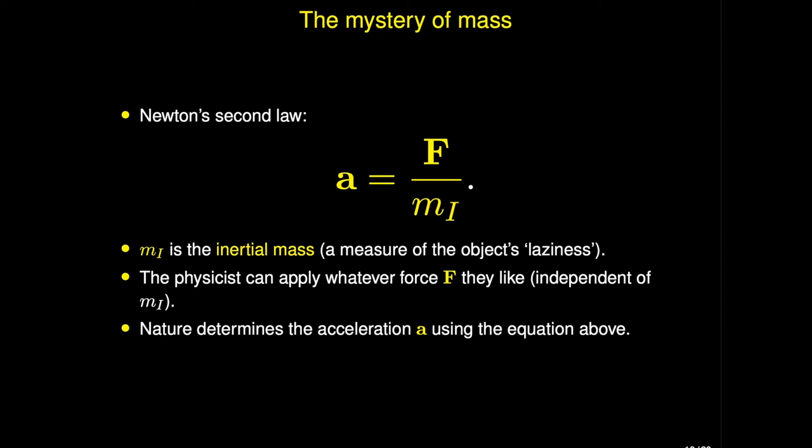I decide to apply whatever force I want, and then nature uses the second law to determine the acceleration using the inertial mass above. That's why I've written it this way around, because this is the way that nature thinks about it. I apply the force, and then nature determines the acceleration. So the bigger the mass, the more unresponsive your object will be to the force. That's why we call it inertial mass, m subscript i.